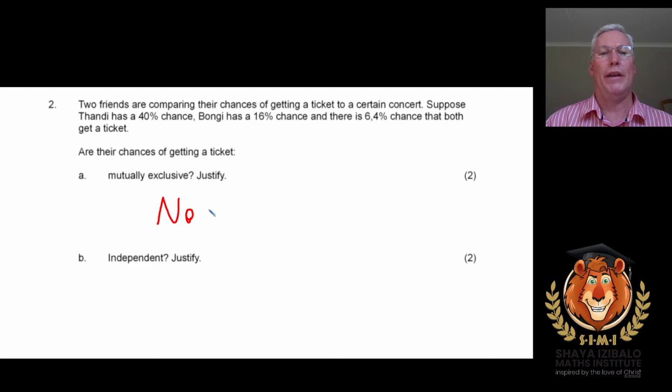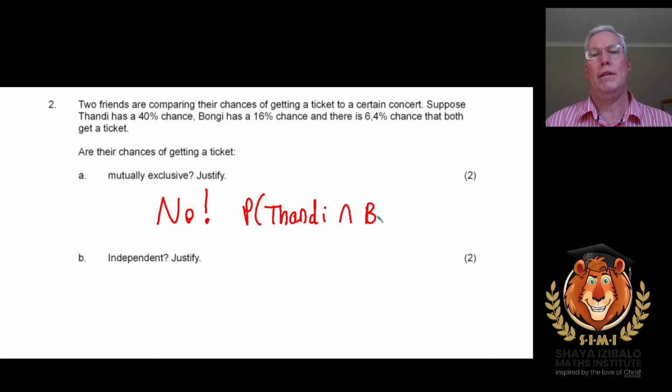No. Because the probability of Tandi and Bongi is not 0. Remember, when things are mutually exclusive, the probability that both happen is 0. Here it's not 0. There it is over there. It's actually 6.4%.